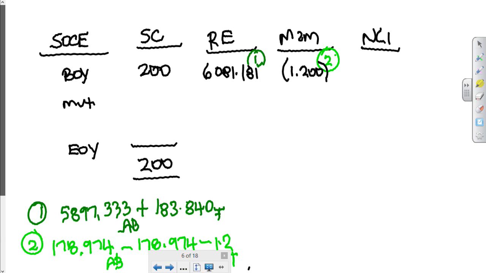And then NCI, I would have started the year on nothing. Do you agree? Yeah. Okay. Then my movements, let me put my first movement in, which is my acquisition of a subsidiary. And when I acquired that sub, what was the amount of NCI there? That was like from lecture 1.